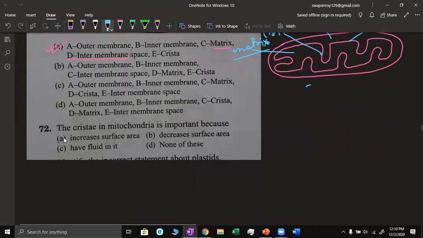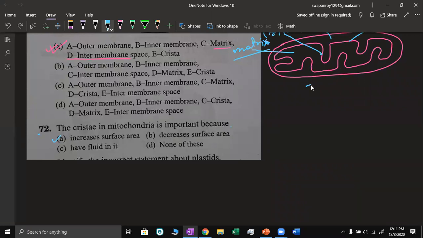Question number 72. The cristae in mitochondria are important because, increases surface area. Yes, so this increases the surface area.